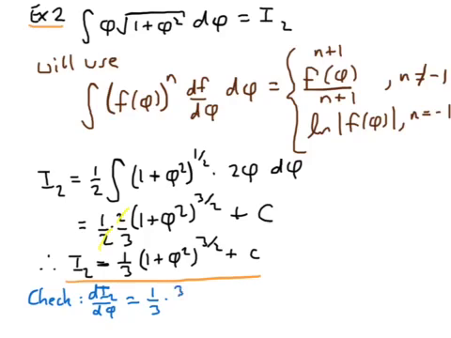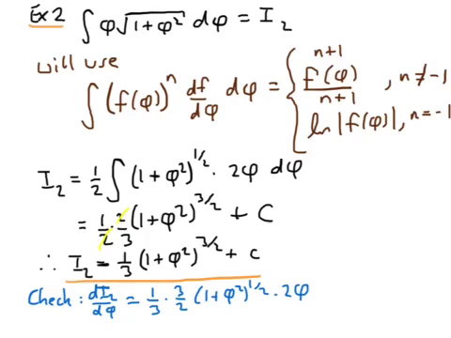So we pull down a 3 halves. We reduce the power by 1, so that's going to reduce it to a half. And then we multiply by the derivative of the argument, the derivative of 1 plus phi squared with respect to phi, and that's going to give us 2 phi, again just using the chain rule.